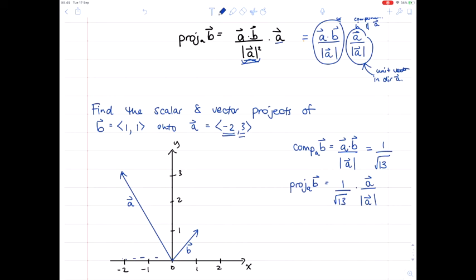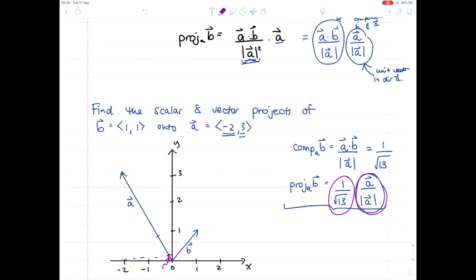So what have we found when we found the projection of B onto A? Well, this says we want a unit vector in the direction of A, times by 1 over root 13. So a unit vector would be roughly this length, but 1 over root 13 is going to give us roughly this length.